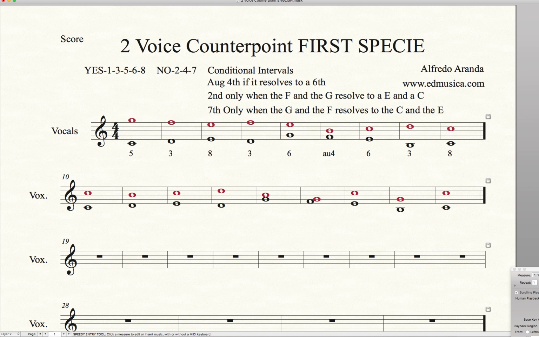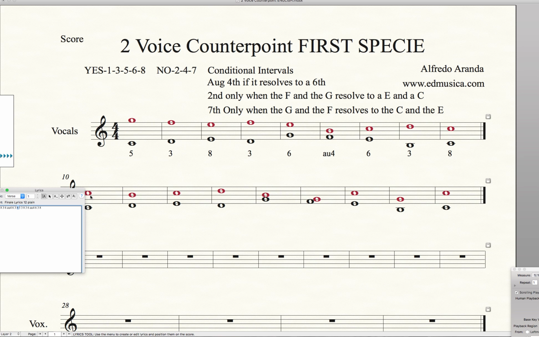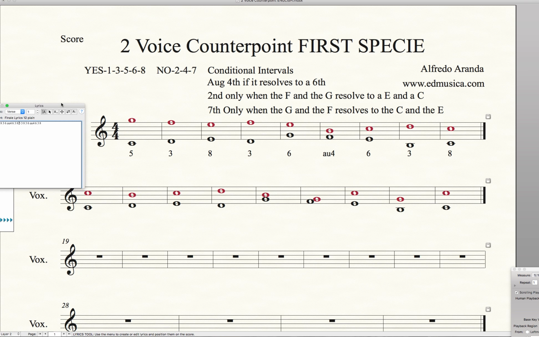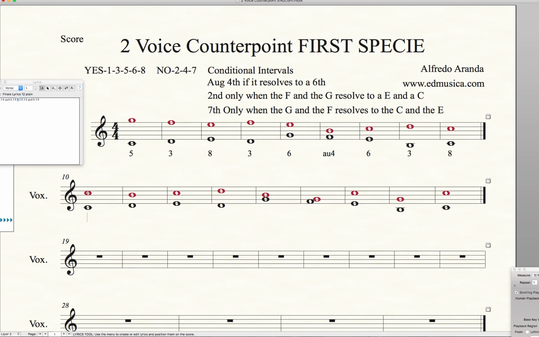So the intervals in this case are the following. Move this right here. And these are the octave, a sixth, the octave again, a third, a second.